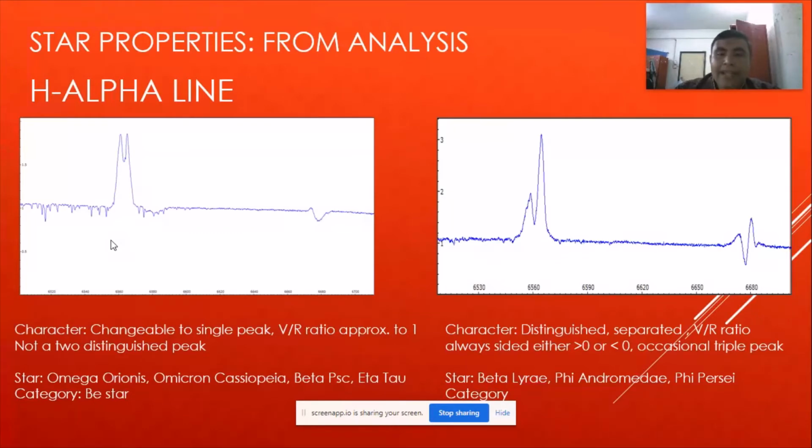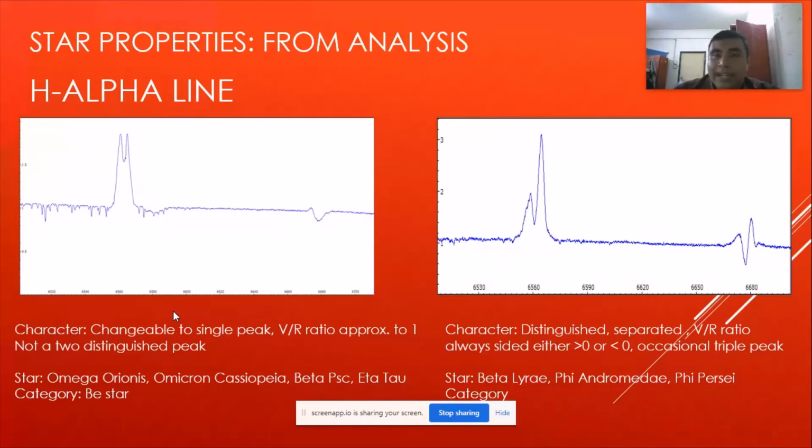For a Be single star, the V over R value always approximates to 1. However, this does not apply to the Be binary star, where they are separated from each other and bring their own character and value. They do not have a well-defined central absorption line that separates the double peaks, and the V over R ratio is always skewed to one side, either more than 1 or less than 1.